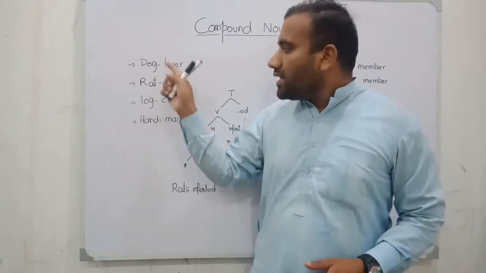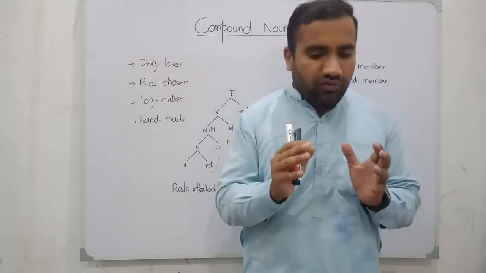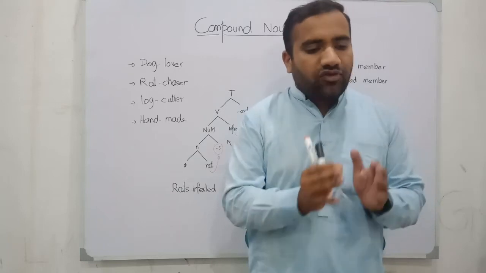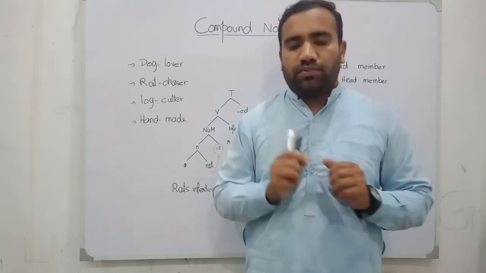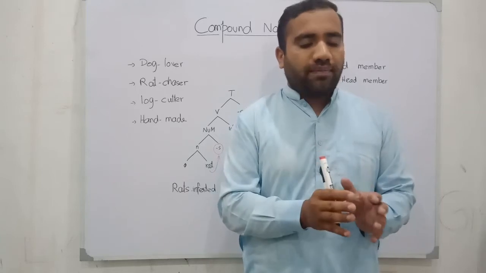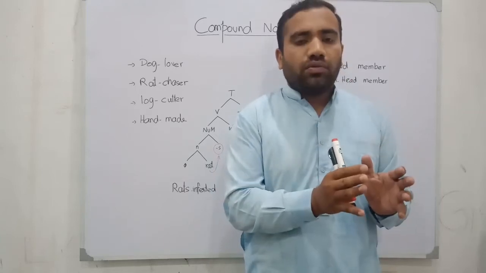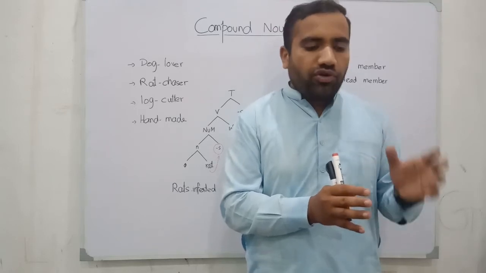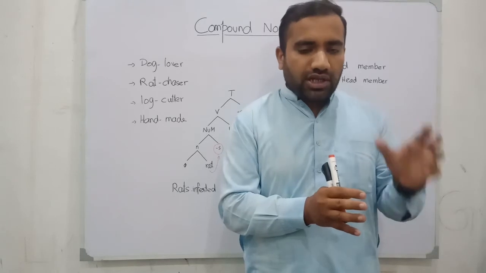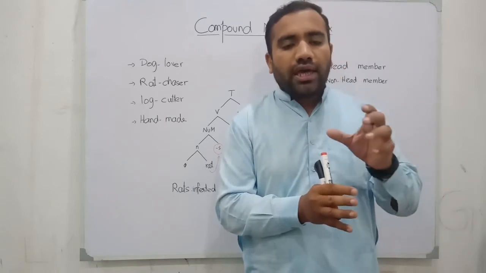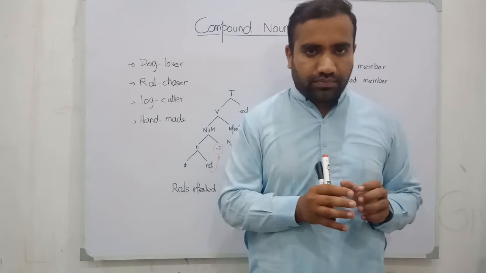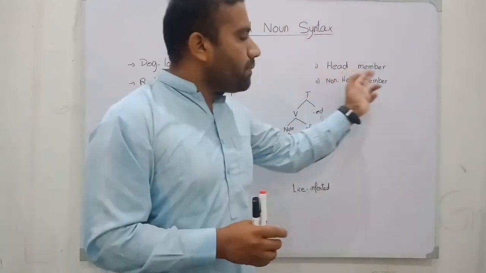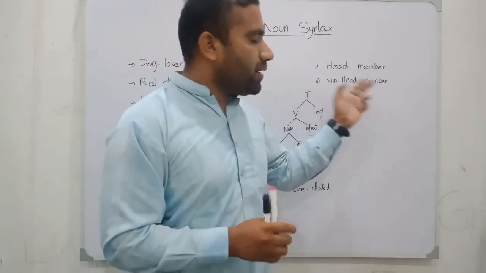One is the head in the compound noun. When we make the compound noun, we have the head noun. And the second is the non-head noun. And when we make the compound noun, and if we have the option to make the compound noun plural, we must attach the inflectional morpheme to the head noun. See, two things: head member, non-head member.